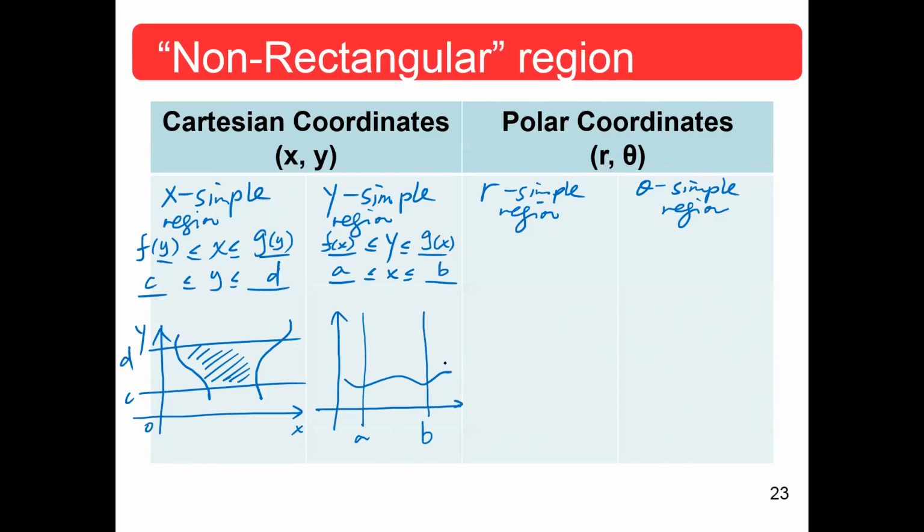One is lower bound, one is upper bound, like this. These are two straight lines. So this is going to be the Y simple region.